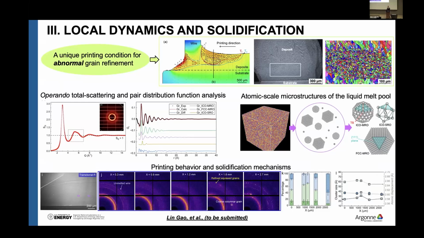For the normal solidification process and the abnormal grain refinement, we get quite different evolution paths of the atomic clusters. That tells us that the atomic clusters really matter for the different solidification behavior. So we got information from both the equilibrium or high temperature liquid and the undercooled liquid.